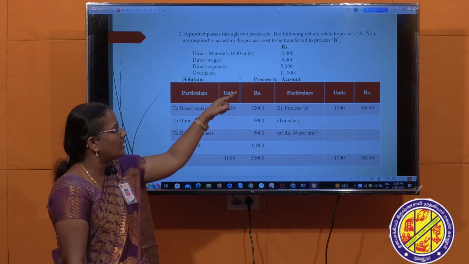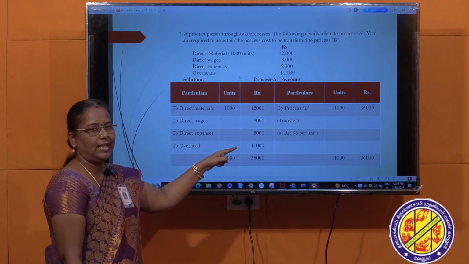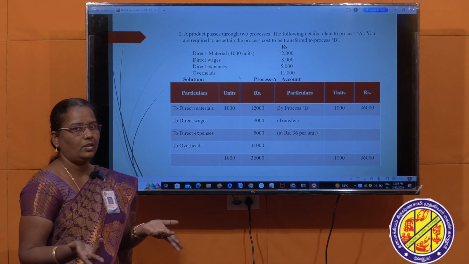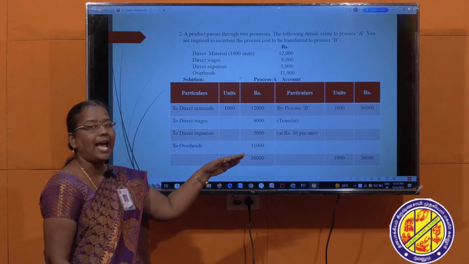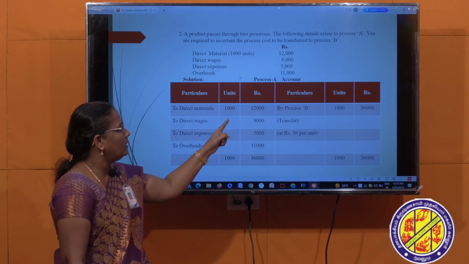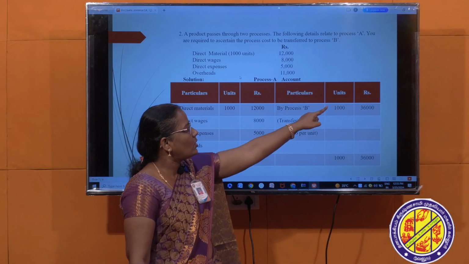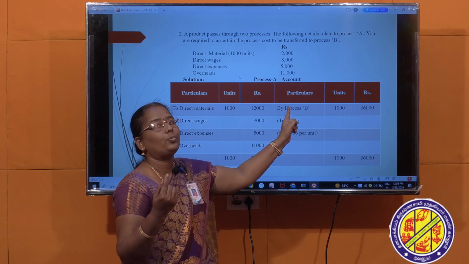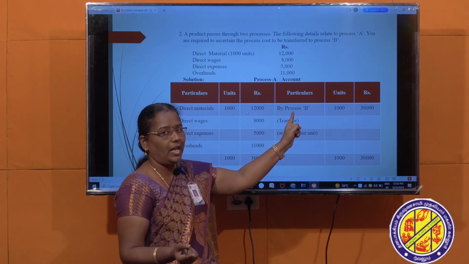To direct wages 8,000, to direct expenses 5,000, to overheads 11,000. That's all, they gave expenses only, no income. So, we have to close the process A account, means we have to tally the account. Debit side total is 1000 units and 36,000, which we put on the credit side, and this should be transferred to the process B account. So, the balance should be transferred to the process B account.